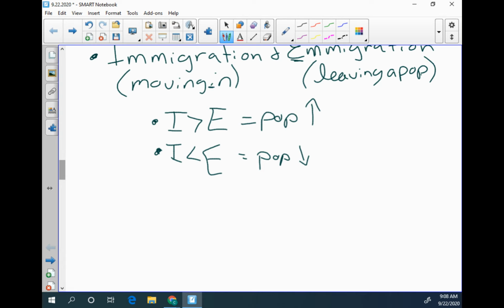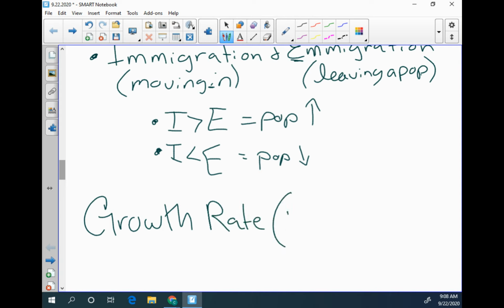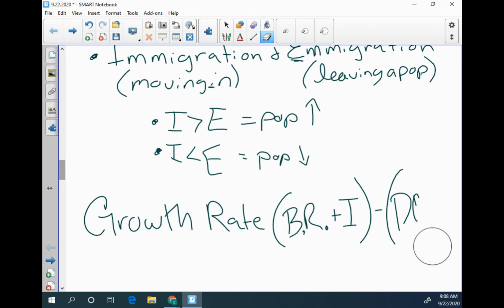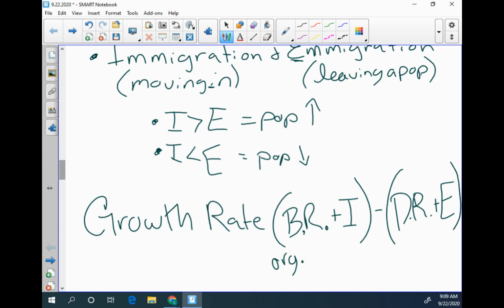From this, we can calculate our growth rate. That is our birth rate plus our immigration, minus our death rate plus emigration, or the organisms entering and organisms leaving the population.